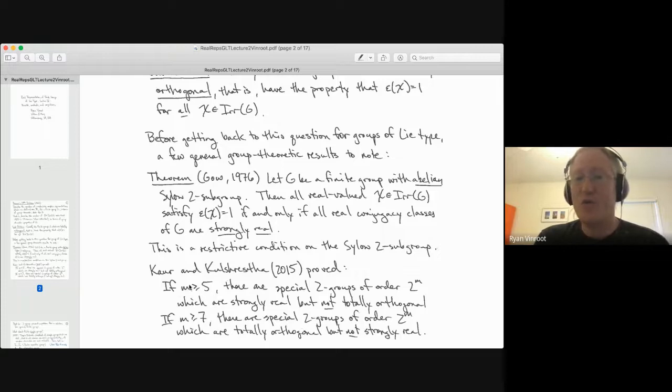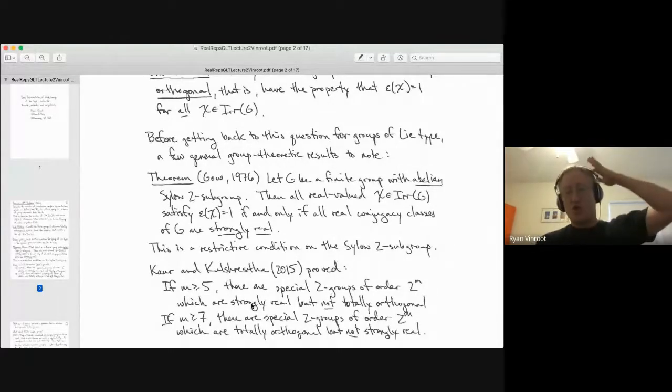But for every m at least 5, there's a special 2-group of order 2 to the m, which is strongly real but not totally orthogonal. And vice versa, for every m at least 7, there's a special 2-group of order 2 to the m, which is totally orthogonal but not strongly real.